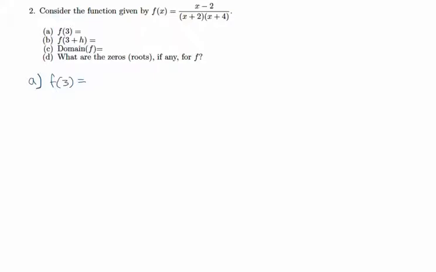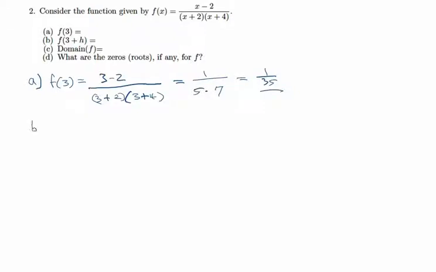So instead of x, we'll be putting 3. So 3 minus 2 over 3 plus 2, 3 plus 4. Then I have 1 over 5 times 7 gives me 1 over 35. So when input is 3, output is 1 over 35.